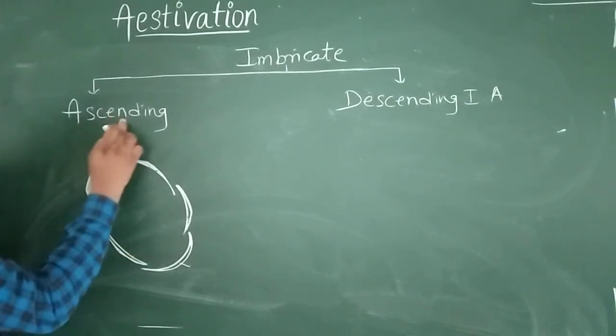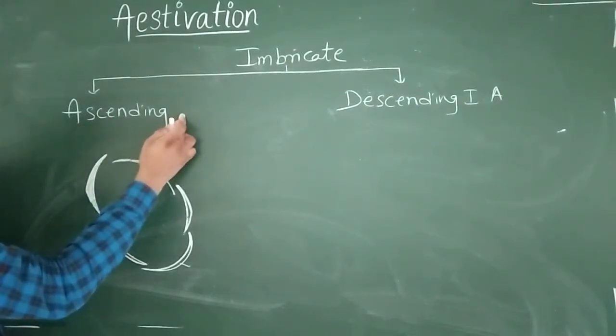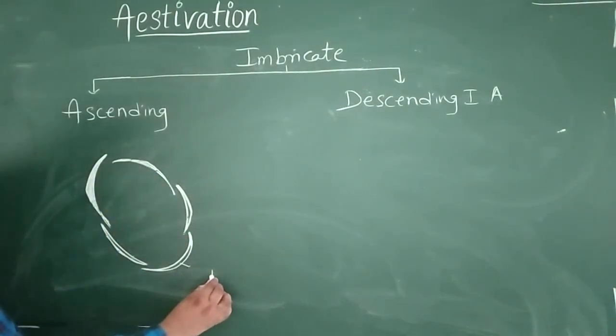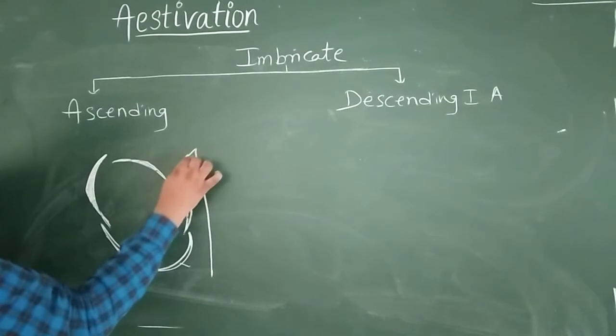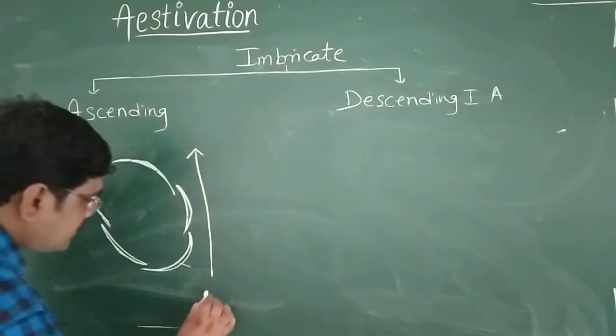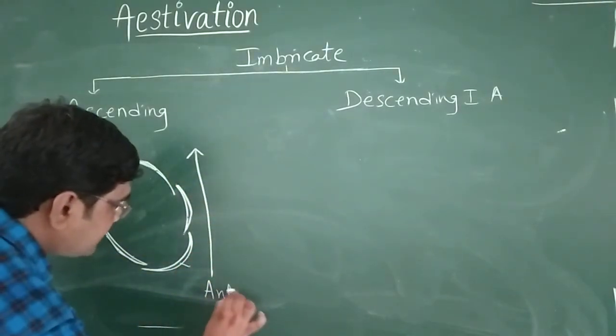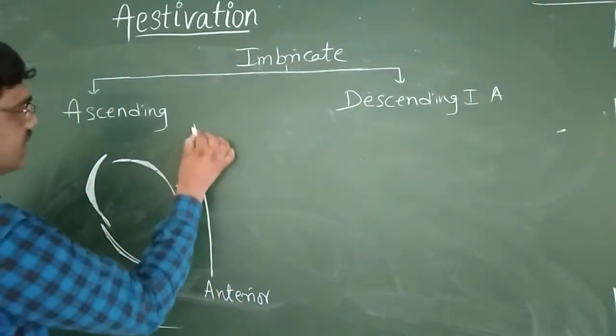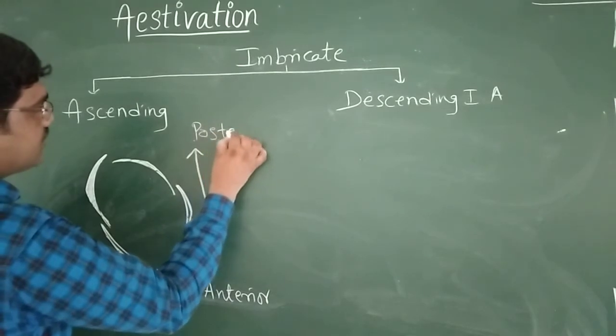In ascending imbricate estivation, the petals are overlapping from the anterior to the posterior. This side is called anterior. This side is called posterior.